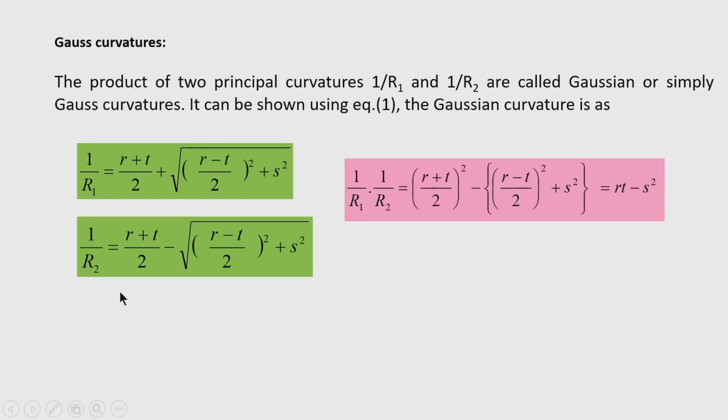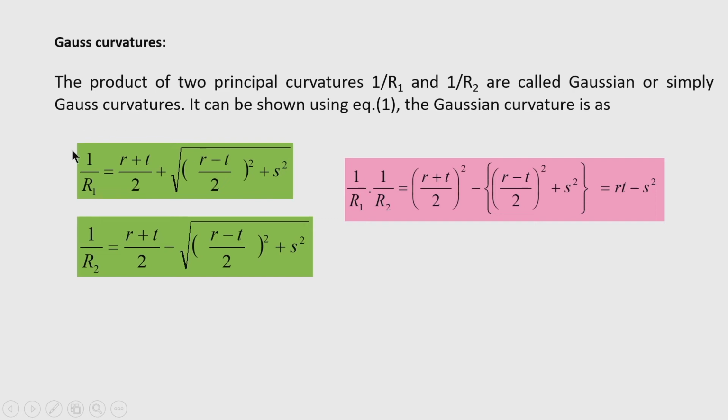Now, let us define a term based on the principal curvature applicable to the shell surface. If I see that 1 by r 1 is a principal curvature and 1 by r 2 is another principal curvature, and get the product of the two principal curvatures, which is called Gaussian curvature or simply Gauss curvature.